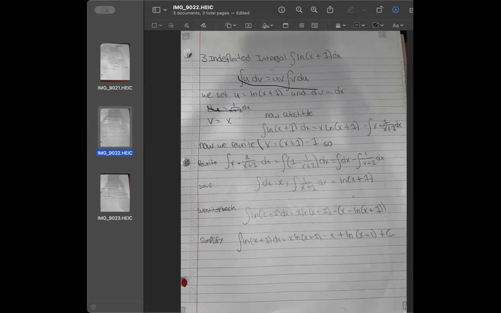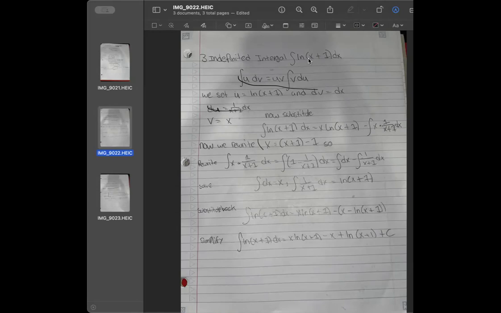okay, so to find the indefinite integral, you use integration by parts. So the integral of u dv equals uv minus the integral of v du, that's basically the formula. You set u to ln(x plus 1), which is this right here.